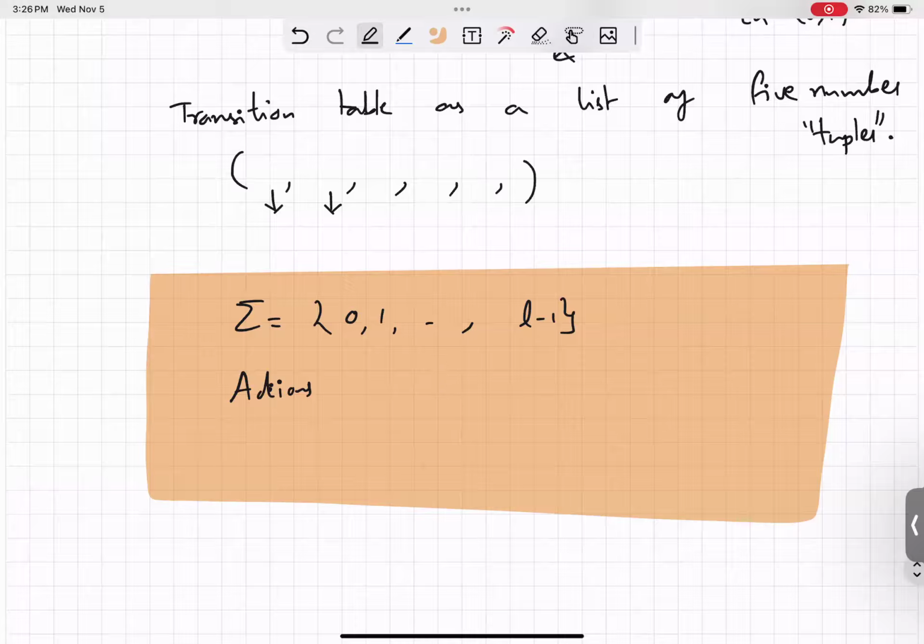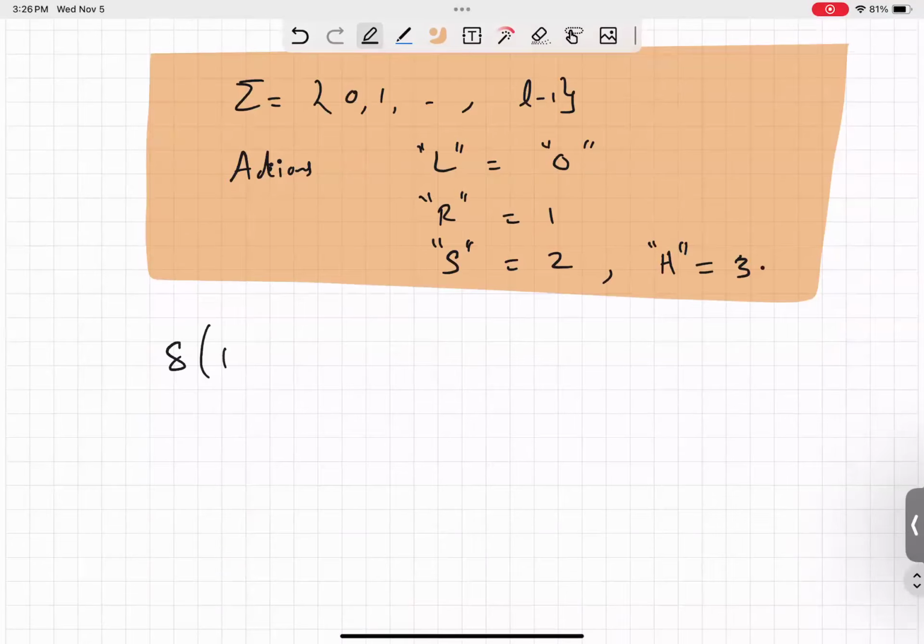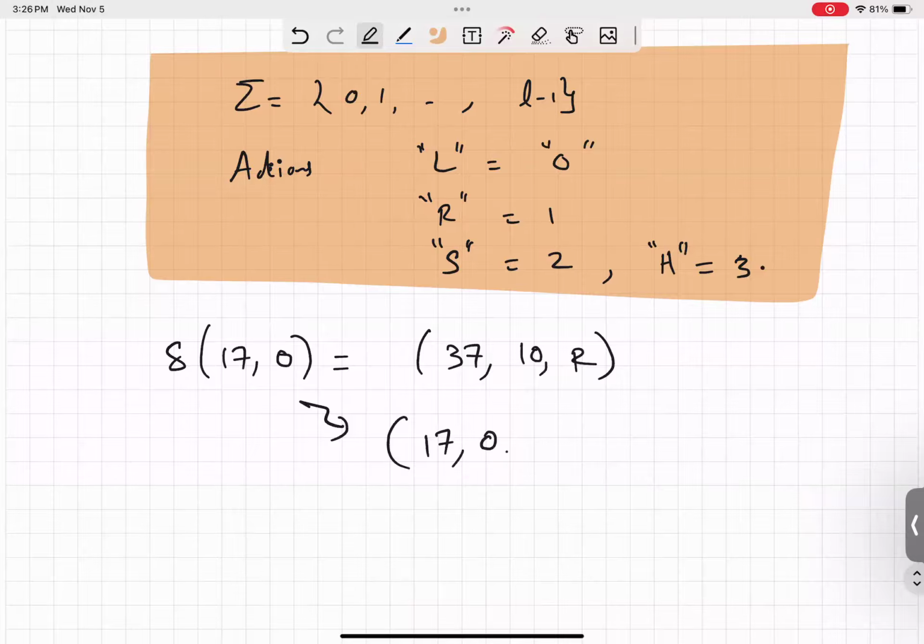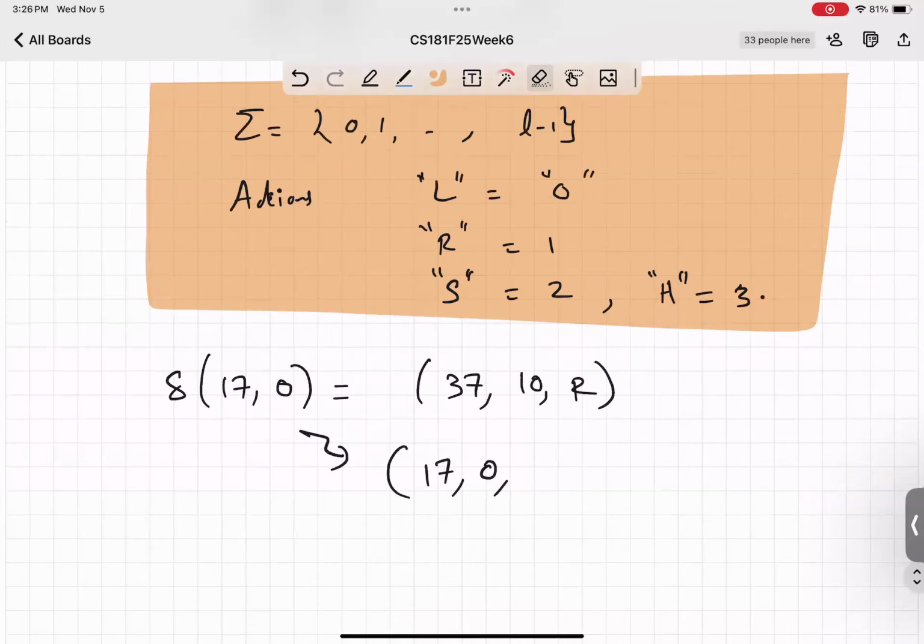So let's say left is 0, right is 1, stay is 2, halt is 3. Okay, so now, for instance, if I say something like 0, 37, 10, R, this will be translated into 17, 0, 37, 10 and 1.